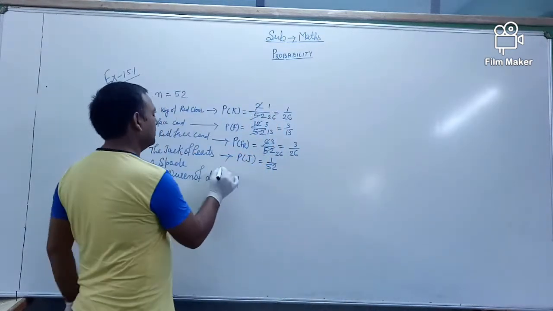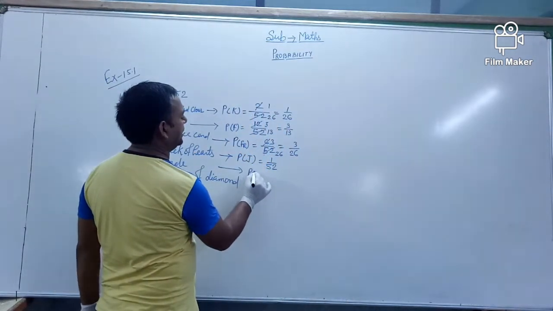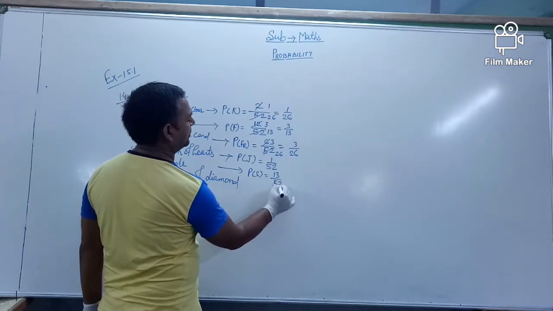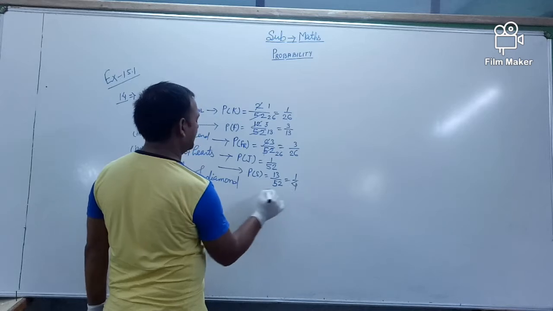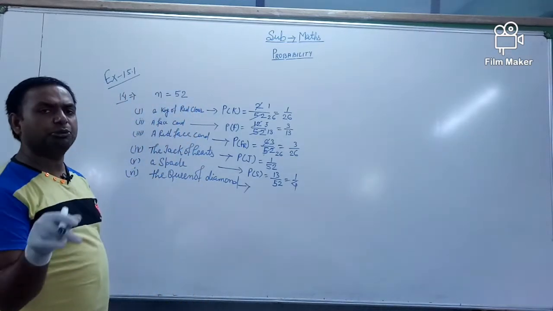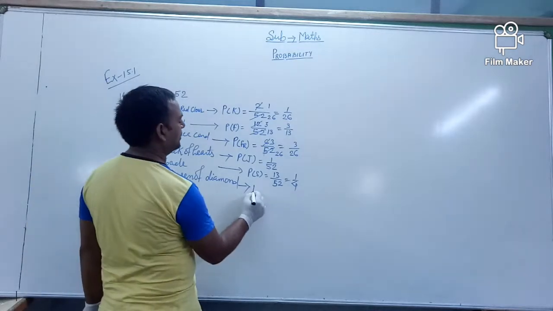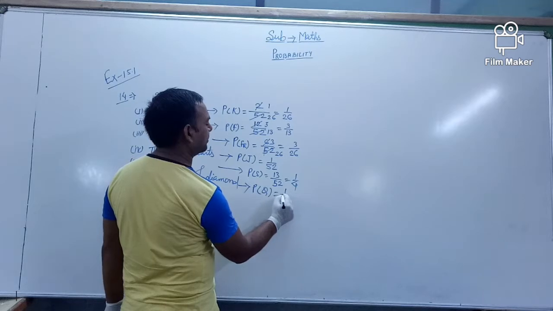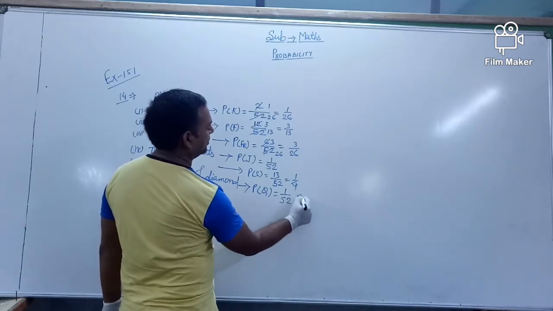So probability of spade, P(S), is equal to 13 upon 52, and this is 1 by 4. Next, the queen of diamond. There is only one queen of diamond, so the probability of queen of diamond, P(Q), is equal to 1 by 52.